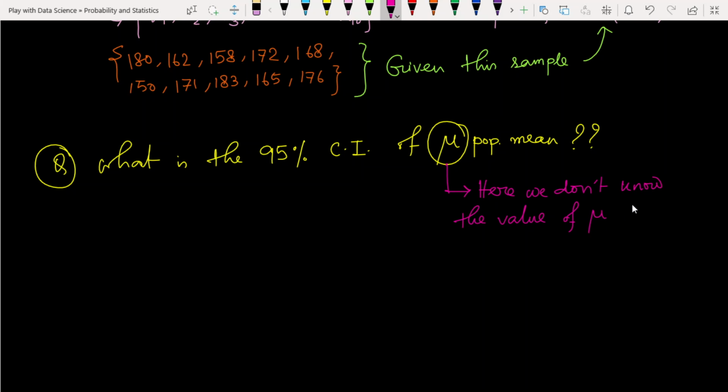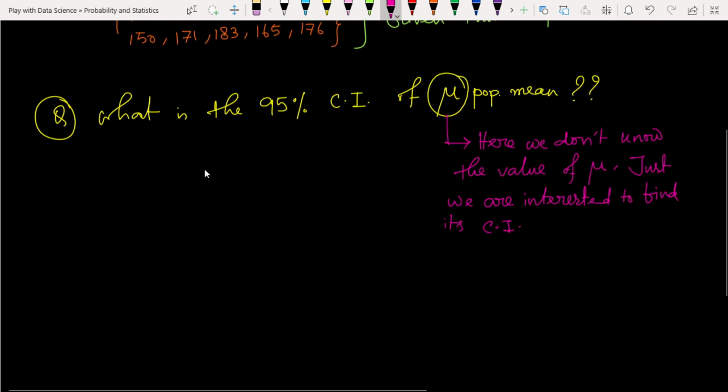We are just interested in finding its confidence interval. How will we find this?